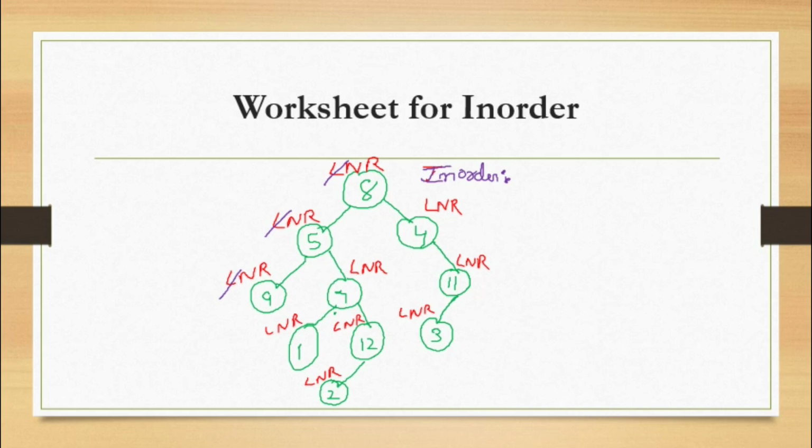Now I visit, and visiting is represented by N here. So I write 9 first. Then I go to the right. I don't have anything to the left and right, so I come back and visit this node, which is 5. I write 5 here. Then I go to the right.